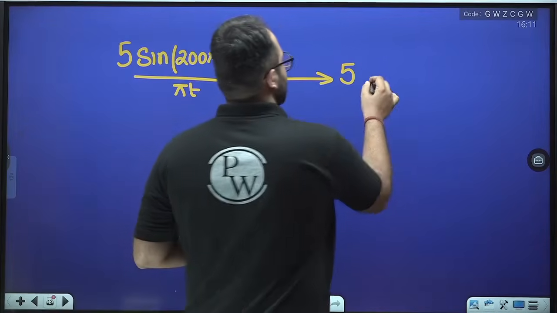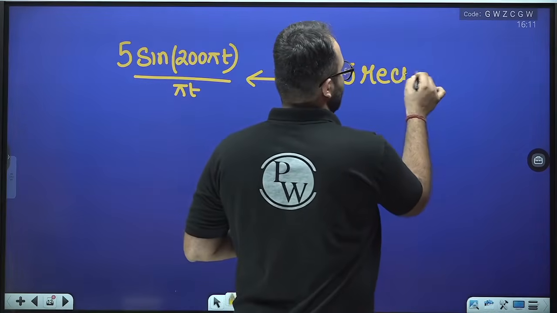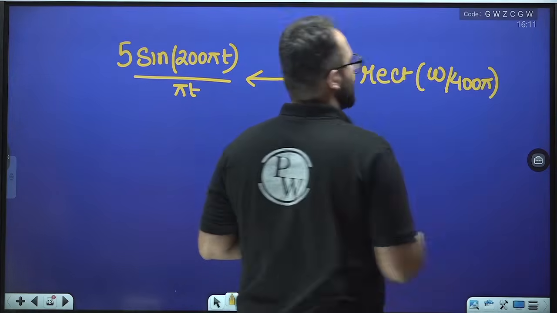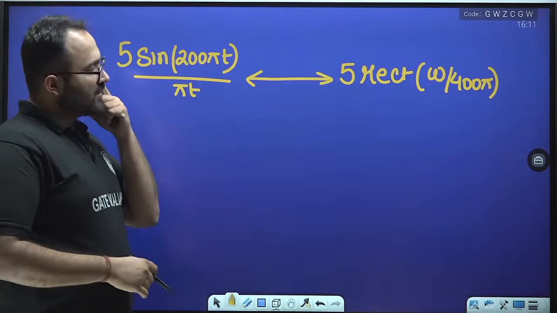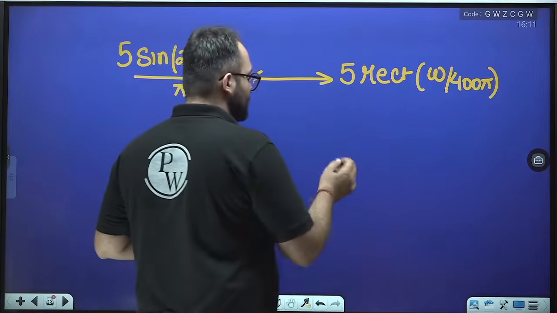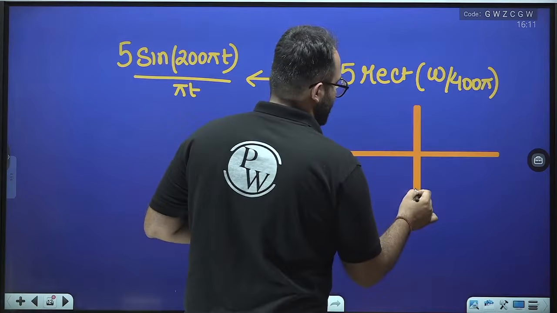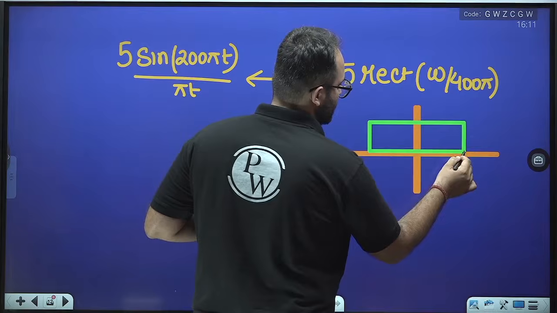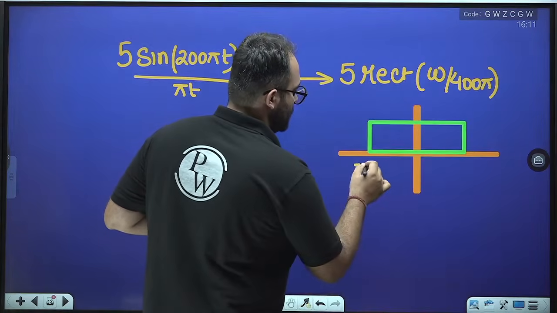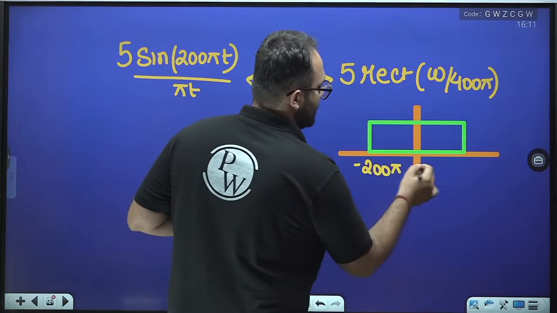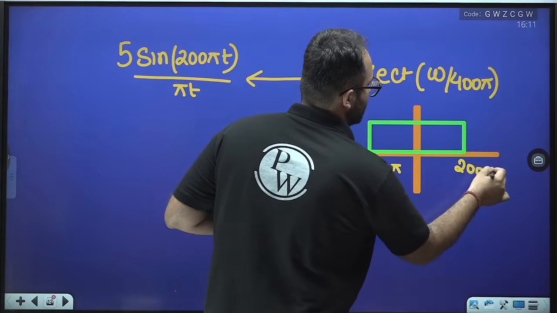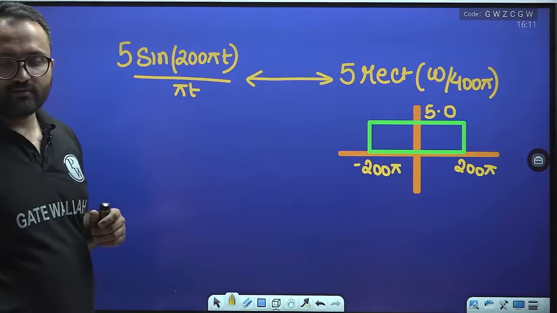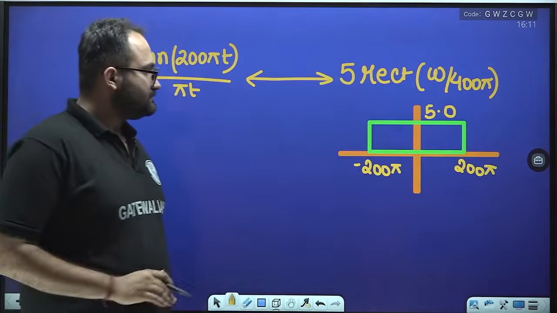So this will be rect of omega upon 2 t naught, omega upon 400 pi. So this Fourier transform will be a rectangle from minus 200 pi to 200 pi, height is 5. Great, this is the result that we have got.